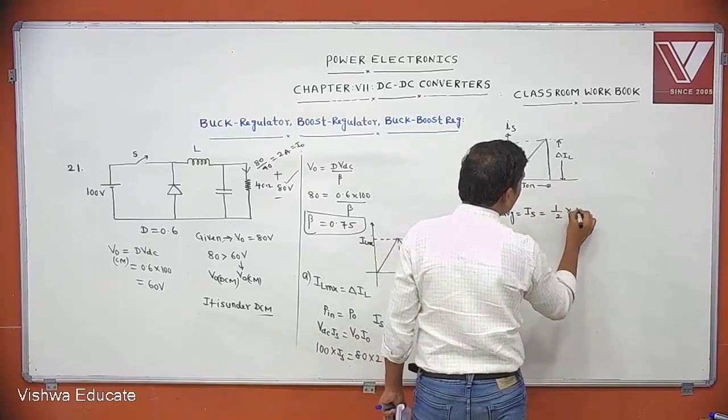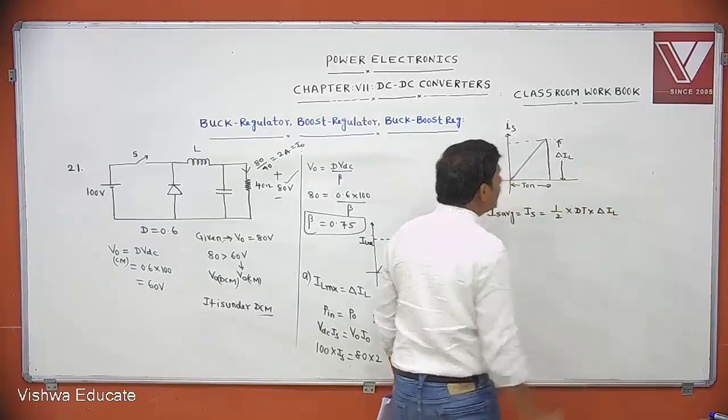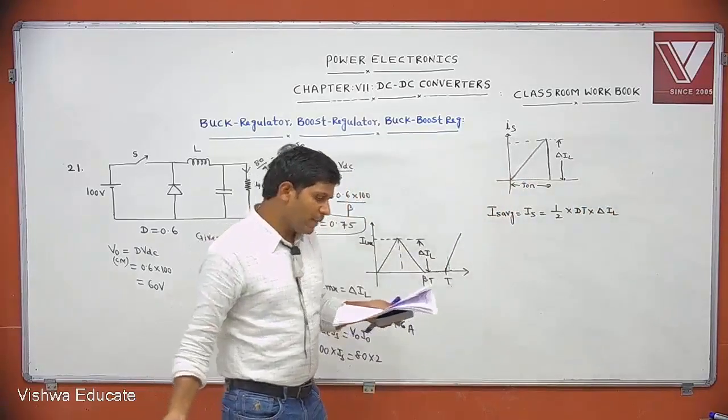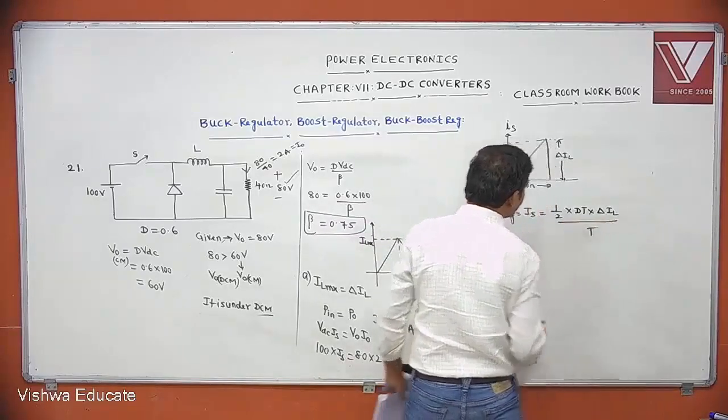So IS average equals half times T on times delta IL, divided by the total time period T, since the average is calculated over the total time period.